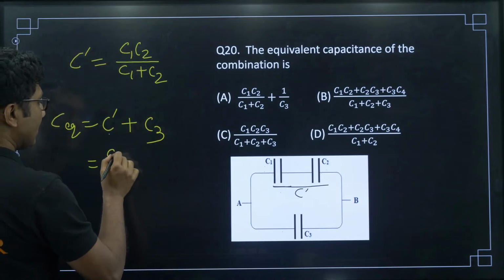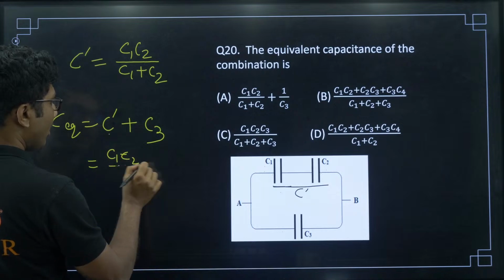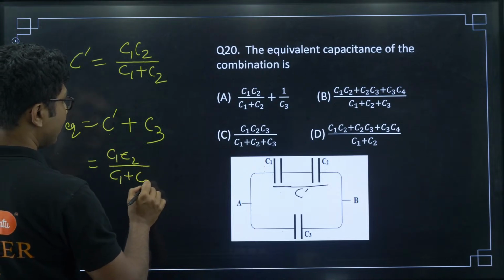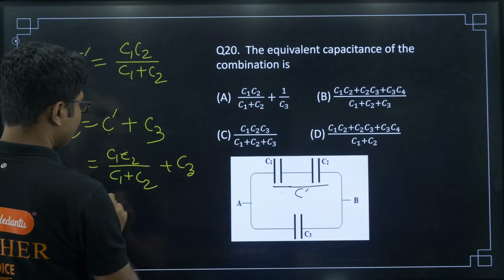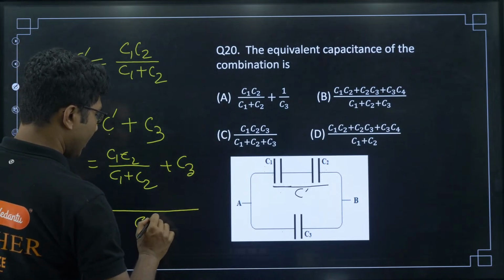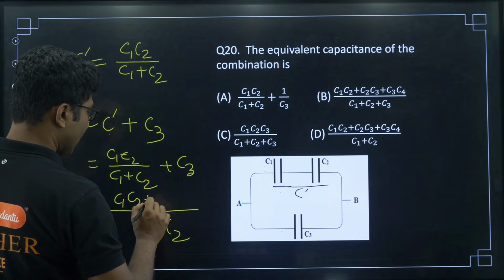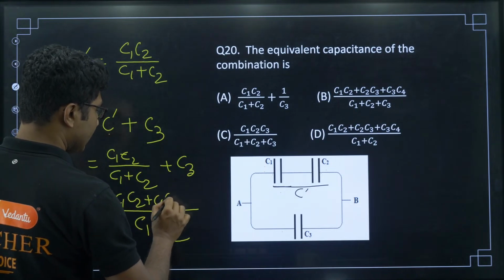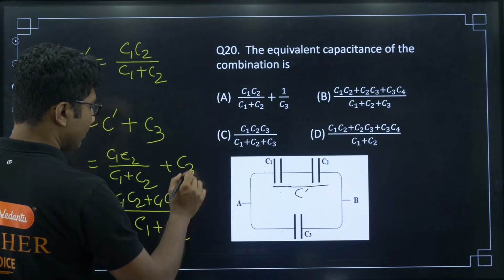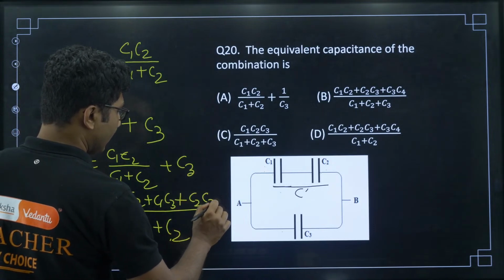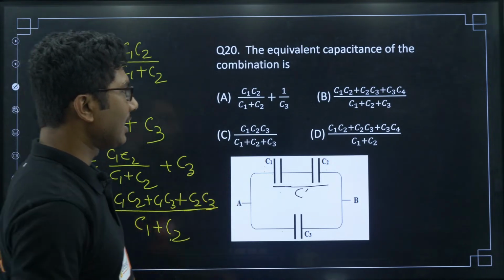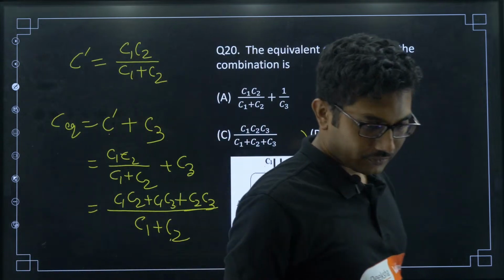C dash is C1 C2 divided by C1 plus C2, plus C3. If you solve it, you get C1 C2 plus C1 C3 plus C2 C3 over C1 plus C2. So, this is the correct answer, option T.